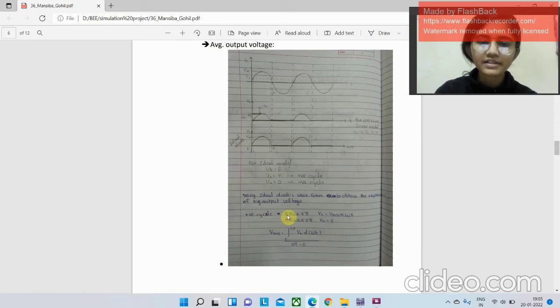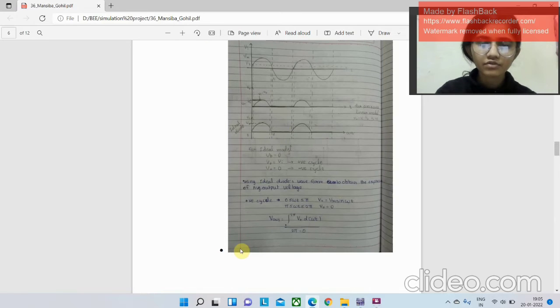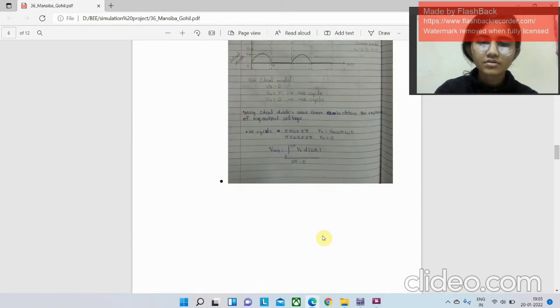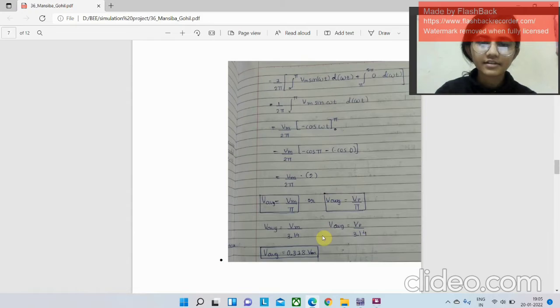So, when omega t is from 0 to pi, V0 equals Vm into sine omega t, and when omega t is between pi and 2 pi, V0 will simply be 0. Now, in order to find V average, I have done the integration from 0 to 2 pi of V0 d omega t, divided by 2 pi minus 0. Simplifying that, we get V average equals Vm by pi.